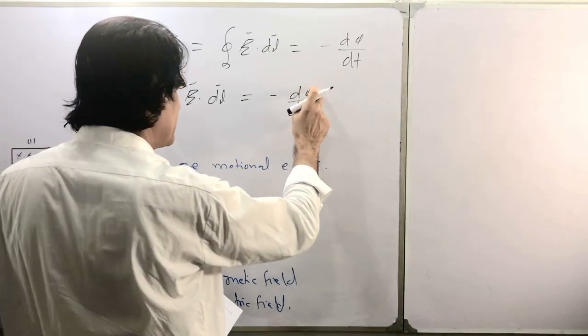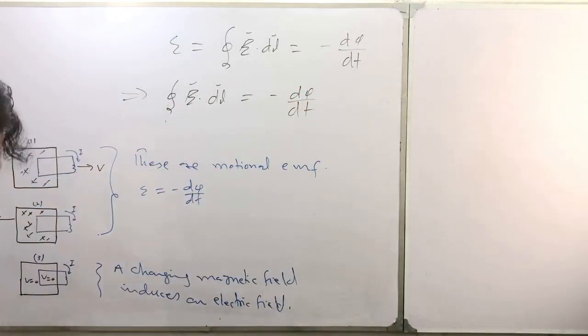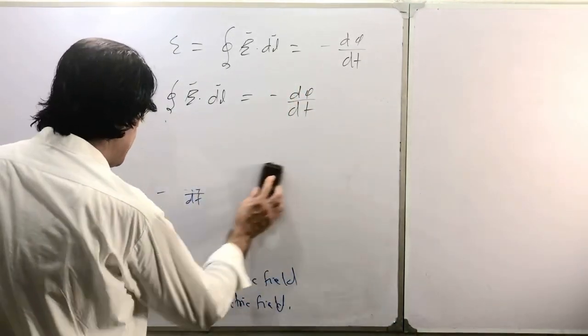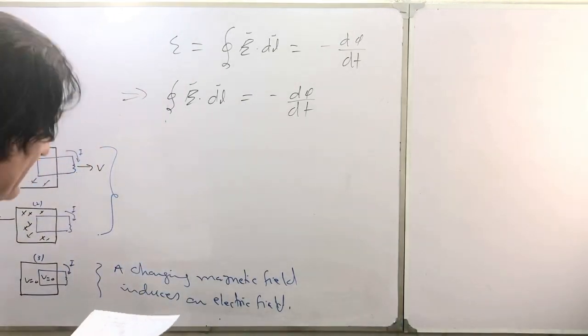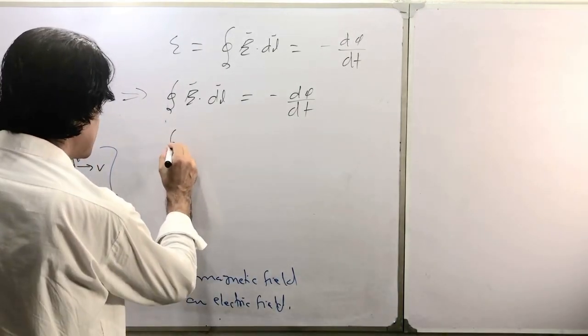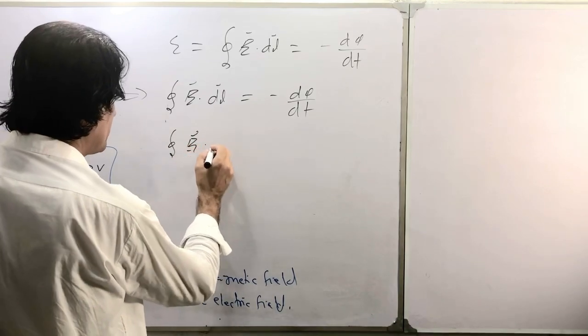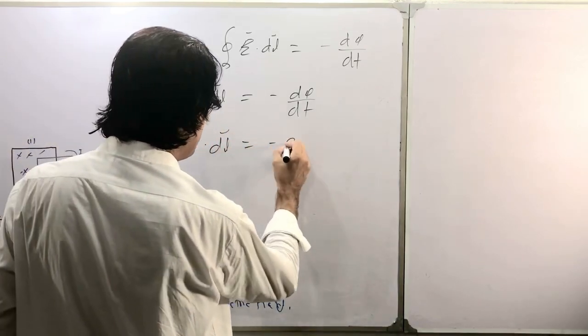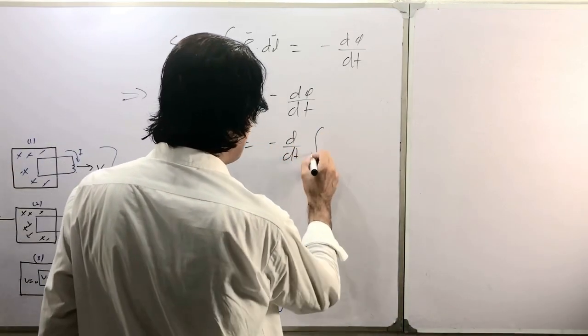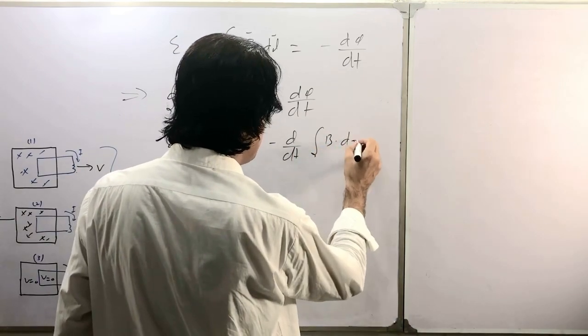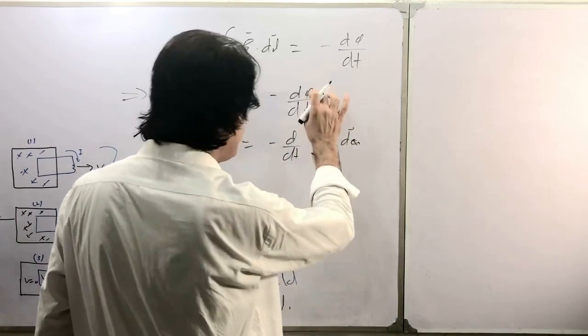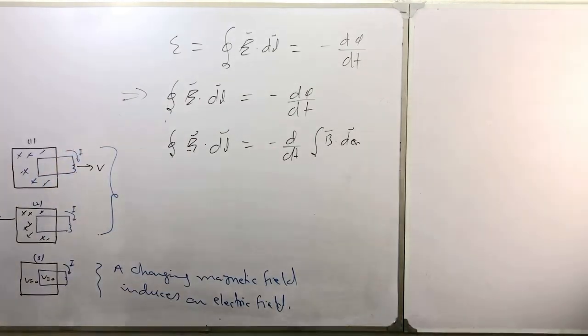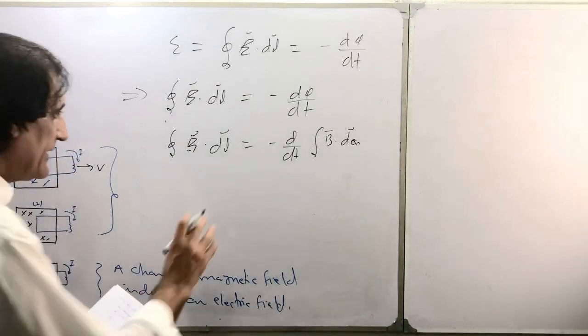If we put the value of Φ in integral form, then this must be equal to ∮E·dl = minus d/dt ∫B·dA, since the flux is ∫B·dA.